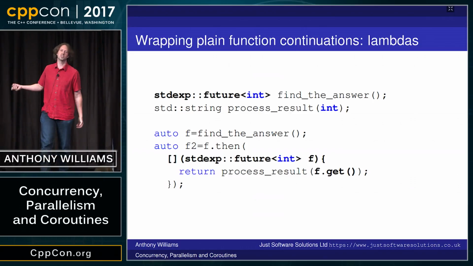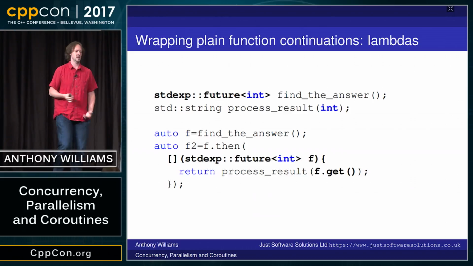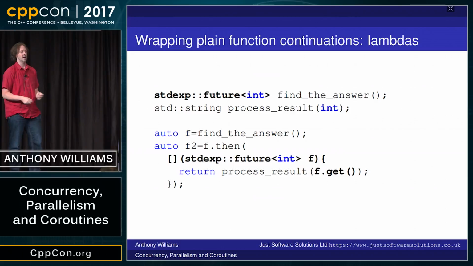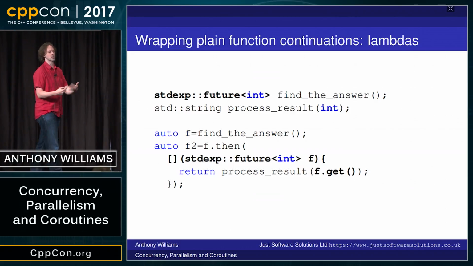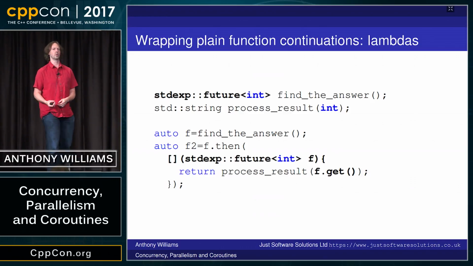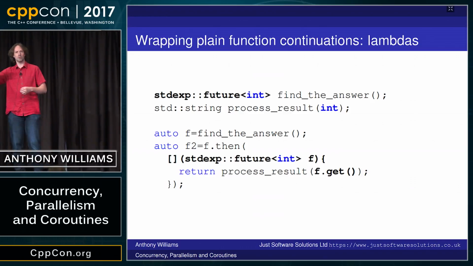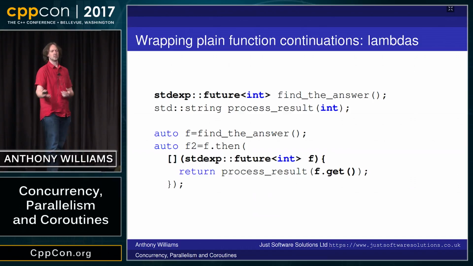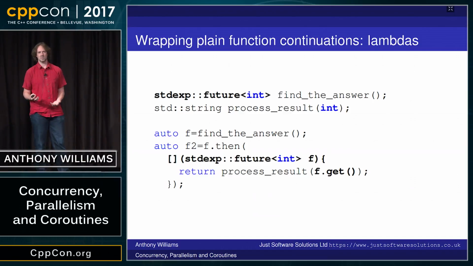I've specified the lambda function parameter there as an experimental future, but of course you could just type auto. Our lambda takes auto f and then returns a call to the function that we're actually wanting. And that f.get will throw the exception if there was one, which will then be propagated out and caught, so you don't have to worry about what happens in the exceptional case.